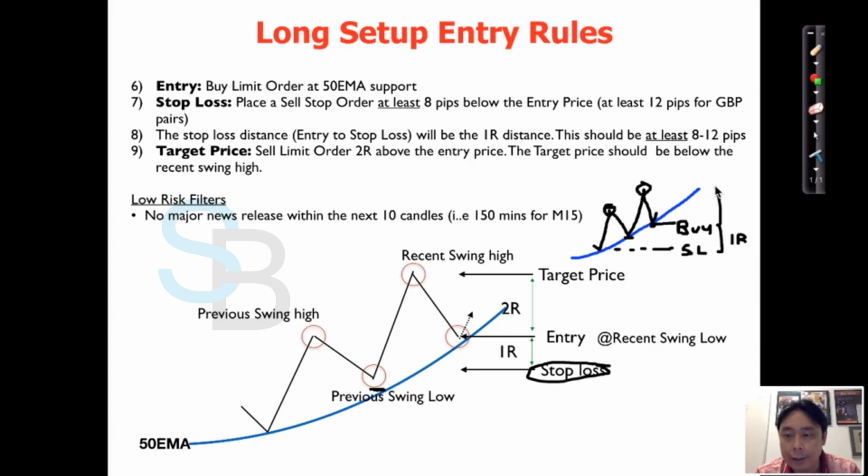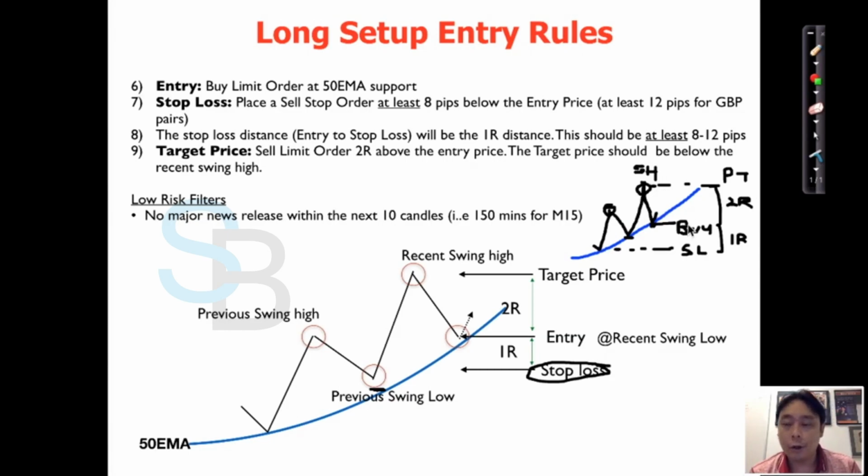If I double it to 2R, that's my profit target, right? So I must be able to hit my profit target, or rather my profit target must be lower than this recent swing high. Okay, does this make sense?